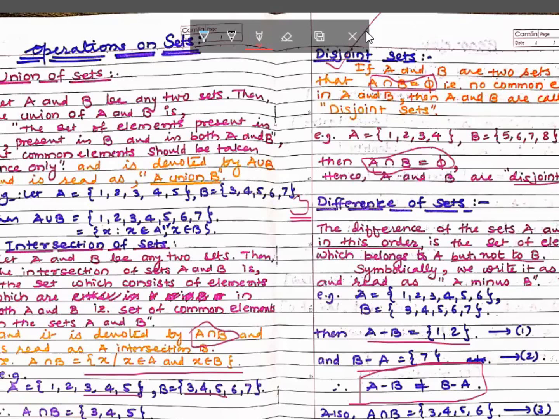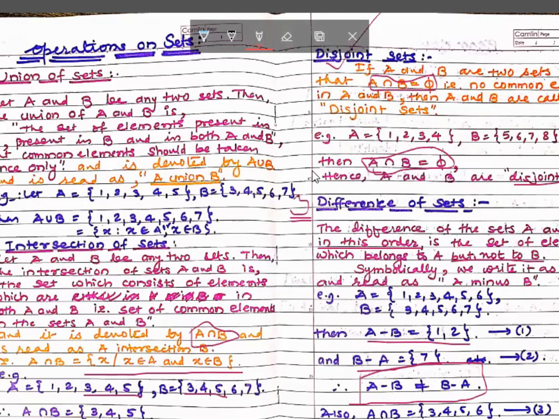In that case we can call them disjoint sets. And here, since for the three sets A minus B, A intersection B and B minus A, the intersection of them is a null set, we can call them mutually disjoint sets. Okay, so in this way we can conclude that A minus B, B minus A and A intersection B are all disjoint sets.